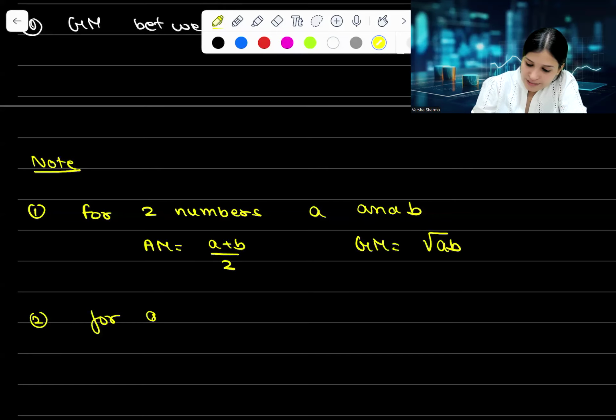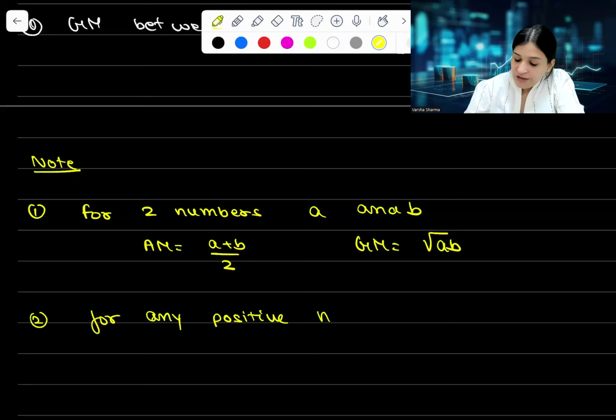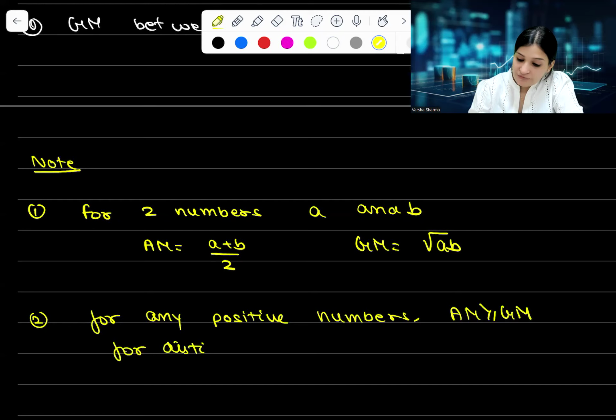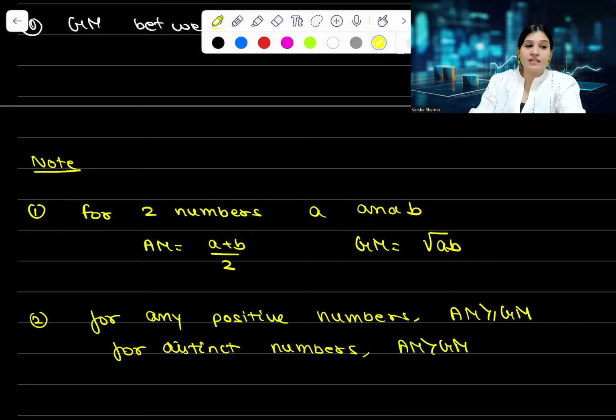For any positive numbers, if I haven't said anything about whether the numbers are same or equal, anything can happen. So AM is greater than or equal to GM. But for distinct numbers, if I have told you specifically that the numbers are not equal, then AM is greater than GM. They can't even be equal.